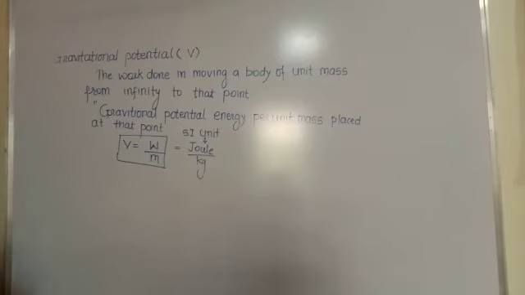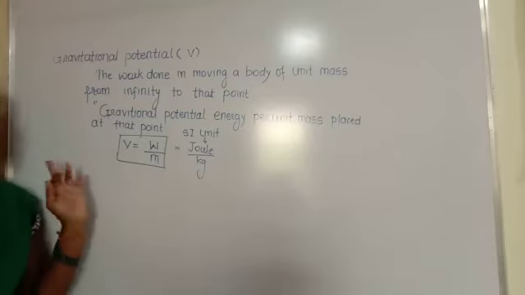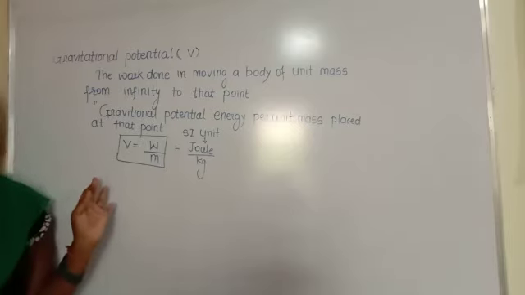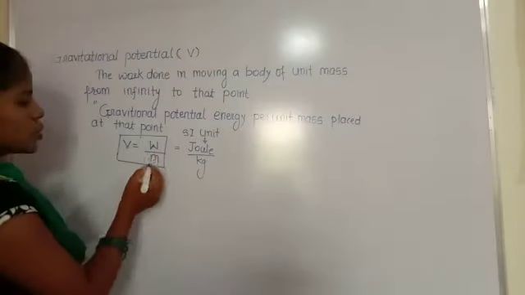Okay, so in this class we are taking three definitions. First is the gravitational field, second is the gravitational field intensity, and third is the gravitational potential. So first is the gravitational field. Gravitational field is the space around the body where the body experiences the gravitational force. So this is unit mass.